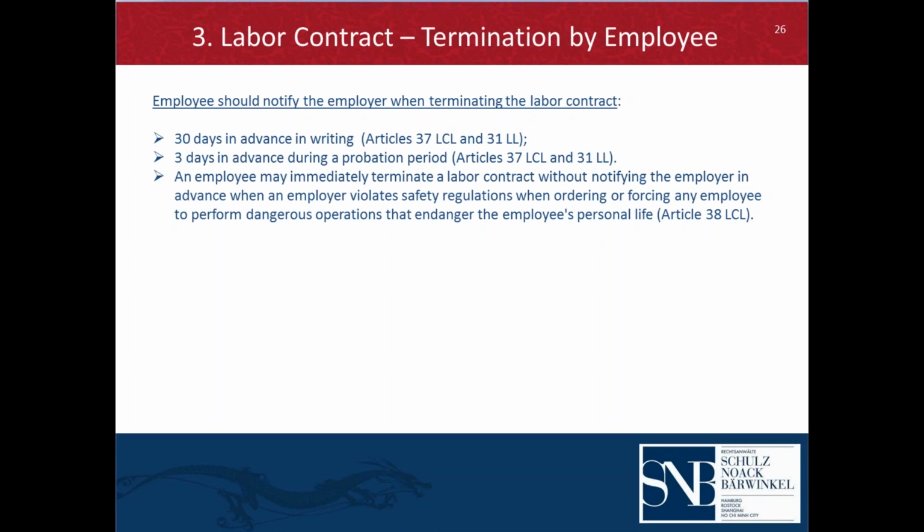So in a lot of cases, it's unlikely that he will do this. And if he is doing it, at least the company does not have to pay compensation. In the probation period, he can terminate the contract with 3 days notice.